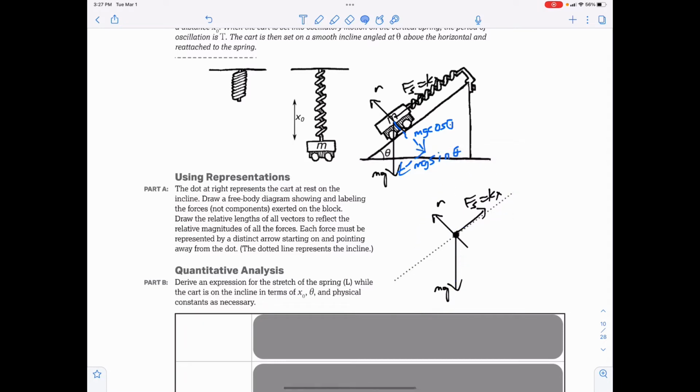Just like that. And then, as you can see, they're now drawn perfectly in lengths relative to each other. I just need to pull the normal force up a little bit like that. There we go.